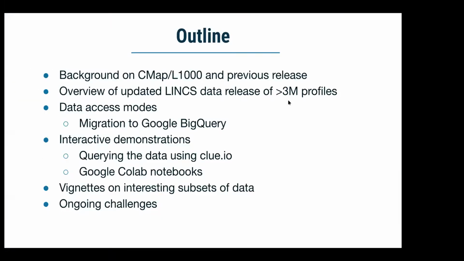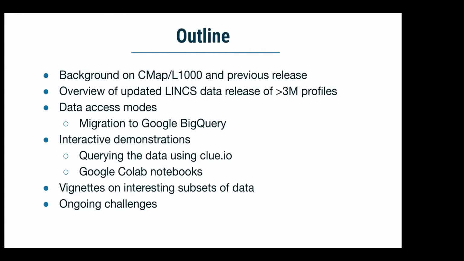So just to give an overview, we'll start with some background on CMap and L1000 for people who may not be familiar with our technology and the data that we're generating. We'll talk about the updated LINCS resource that we've generated, which now includes over 3 million transcriptional profiles. We'll talk about some modes of accessing this data, including a migration we've made to Google BigQuery to enable easier access of the data.